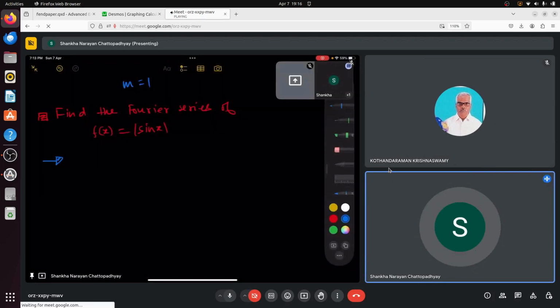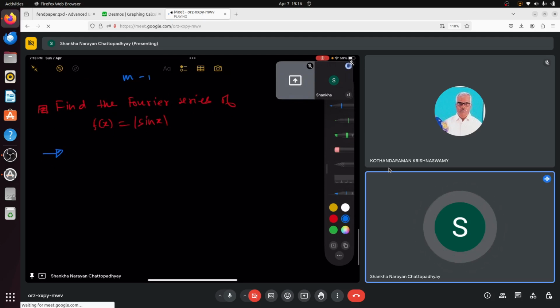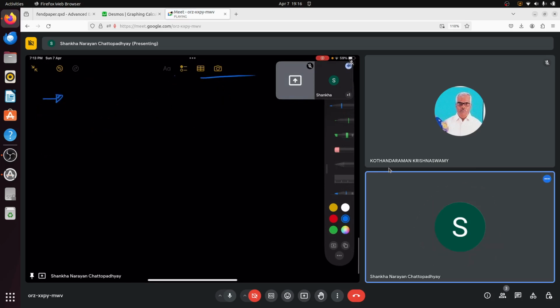Here we will try to determine the Fourier series of f(x) equal to modulus of sin x. Now how to solve it? And the interval is the same. So first we need to determine a0.